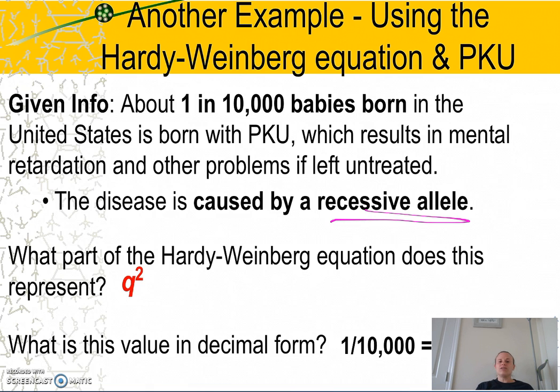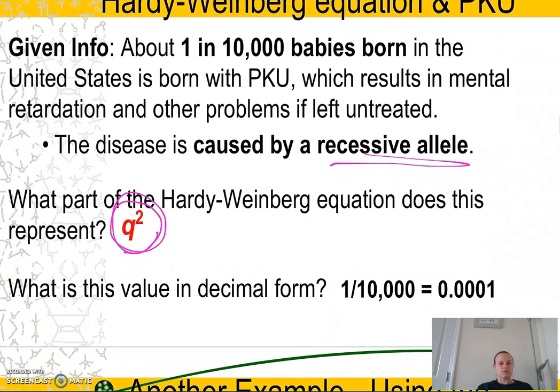I'm given individuals that have the recessive trait, so I'm talking about q squared. Because I have q squared, now I might be able to figure out some other parts of the Hardy-Weinberg equation. I can put q squared into decimal form. 1 over 10,000 is 0.0001.